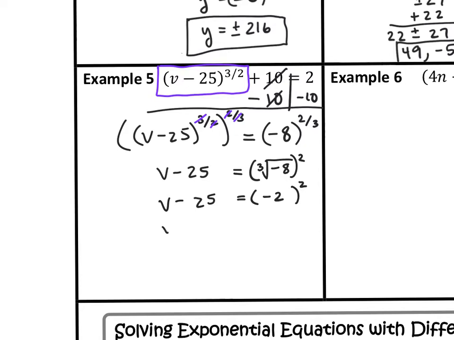Copy the v minus 25. What's negative 2 squared? That's 4. And then add 25 on both sides. We get v equals 29.